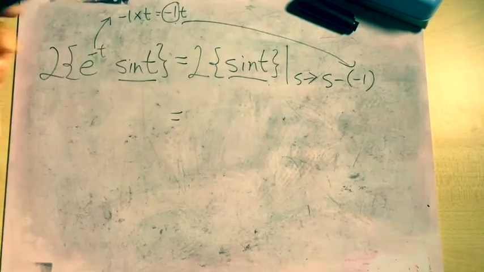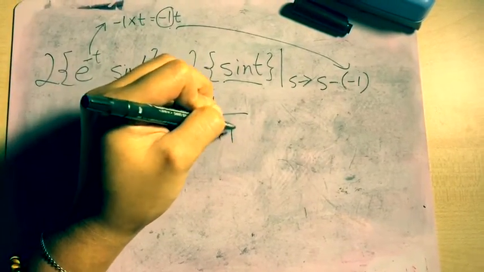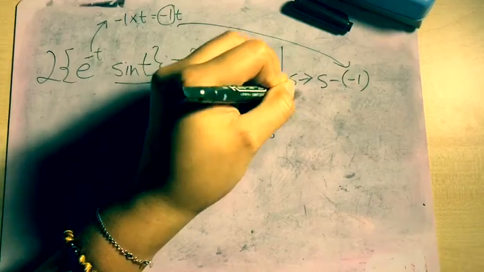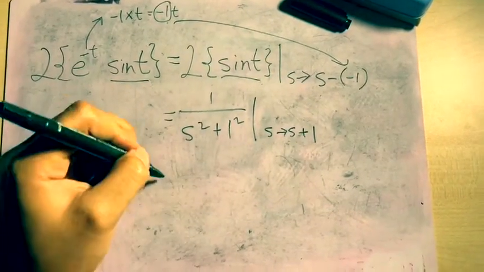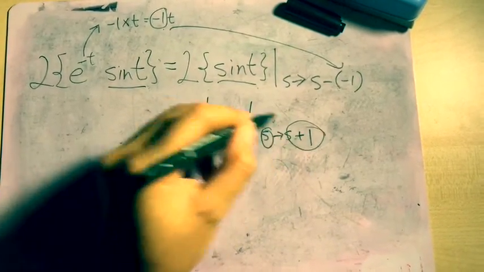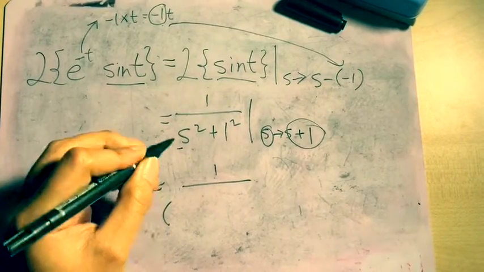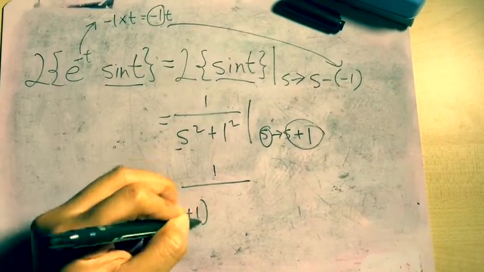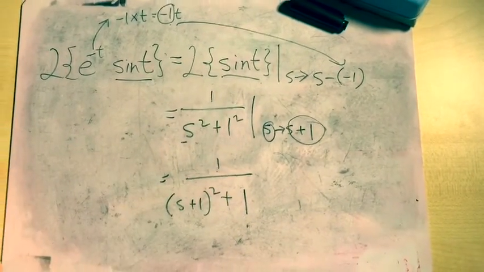So Laplace transform of sine t would be equal to 1 over s squared plus 1 squared. Copying that down. Now again, because we let s be s plus 1, s now becomes s plus 1 squared. 1 squared is 1.